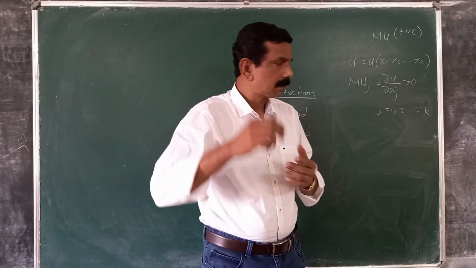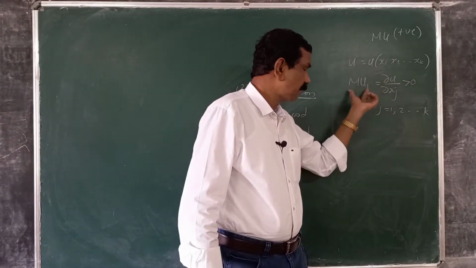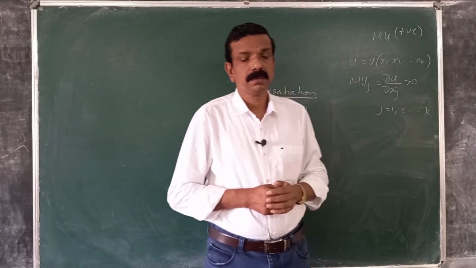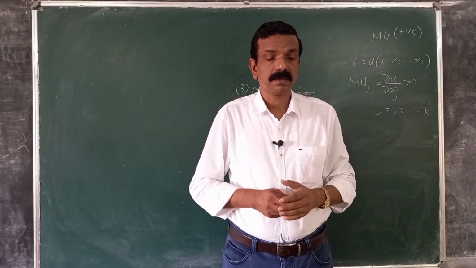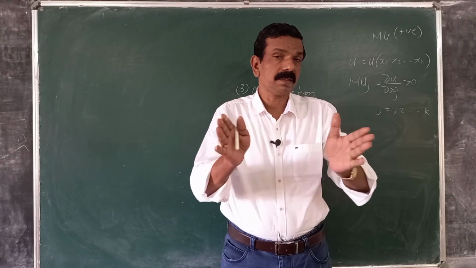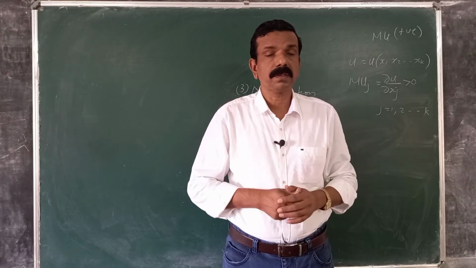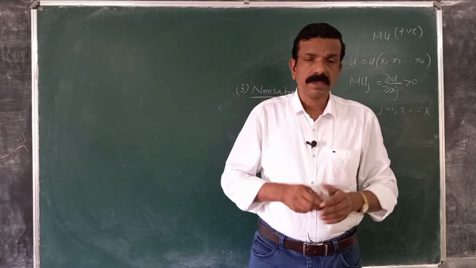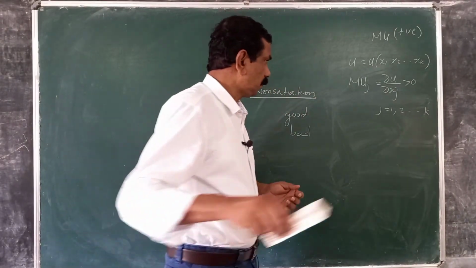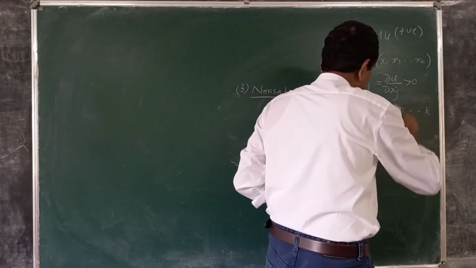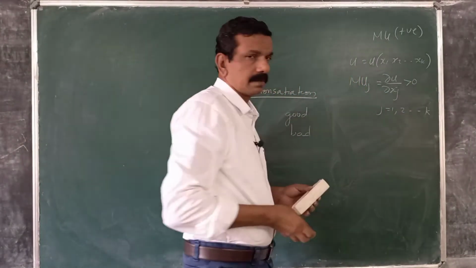And remember this, only the sign of MU is important. The actual magnitude is not significant, as utility is considered as ordinal utility only. Since we consider utility only as ordinal utility, what is important is the sign, not the magnitude.